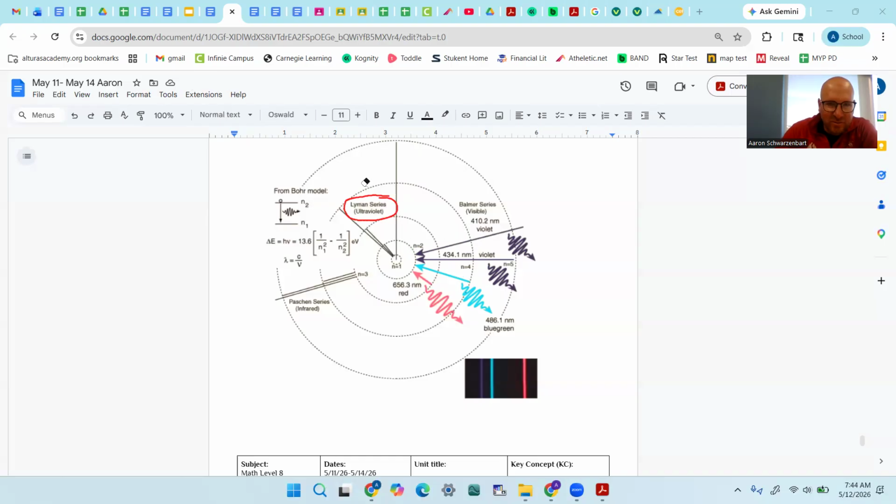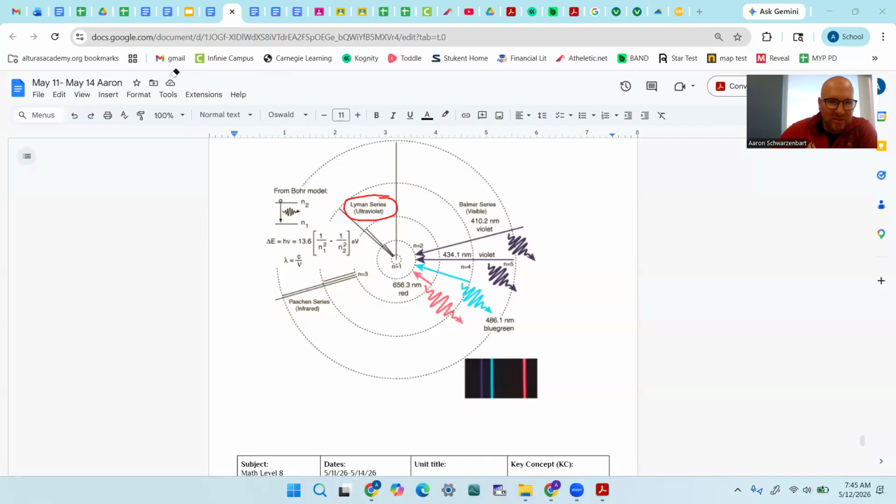If it drops from energy level 4 to 2, it's a violet. From 3 to 2, it's this red color that's 656. So we can see these different drops produce different wavelengths of light.